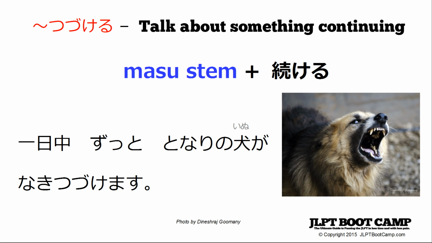So here's another example sentence for you in polite Japanese. Ichinichi chuu zutto tonari no inu ga naki tsudukemasu. So ichinichi chuu is all day. Zutto is emphasizing more like continuous, without interruption. Tonari is next door. In this particular situation, it means your next door neighbor and his dog.